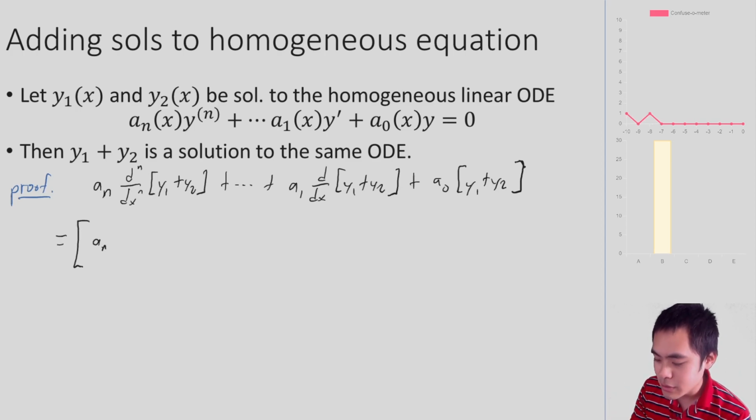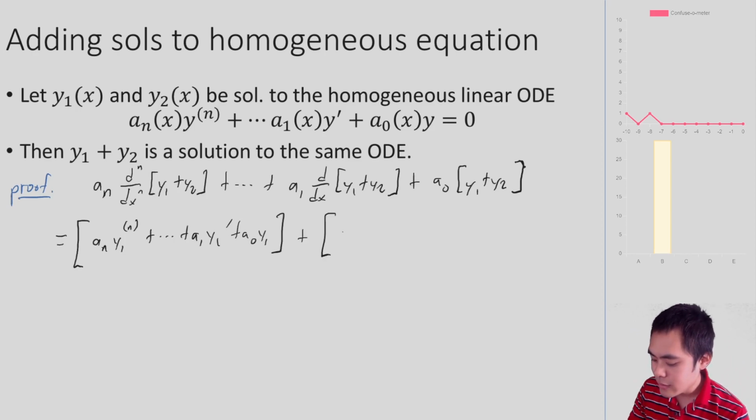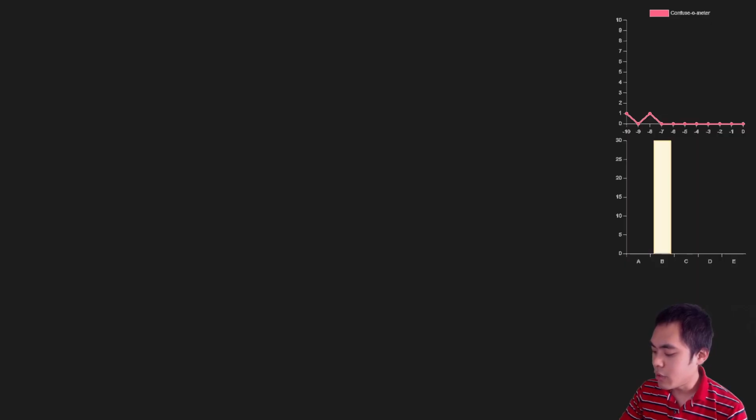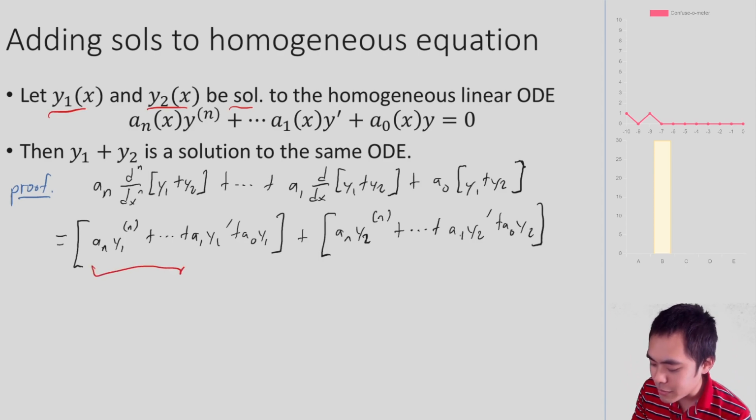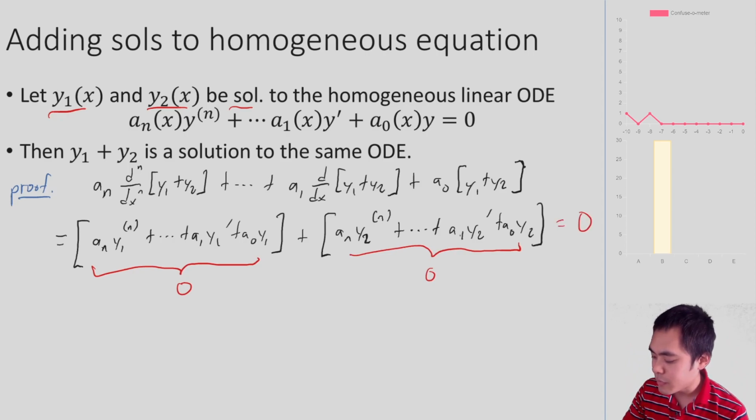One is an times the nth derivative of y1, plus dot dot dot plus a1 y1 prime plus a naught y1, and the other is an times the nth derivative of y2, plus dot dot dot plus a1 y2 prime plus a naught y2. Again, each of these two are solutions, so when we plug those in, these have to be equal to 0. And so then this entire thing is equal to 0, which ends our proof.